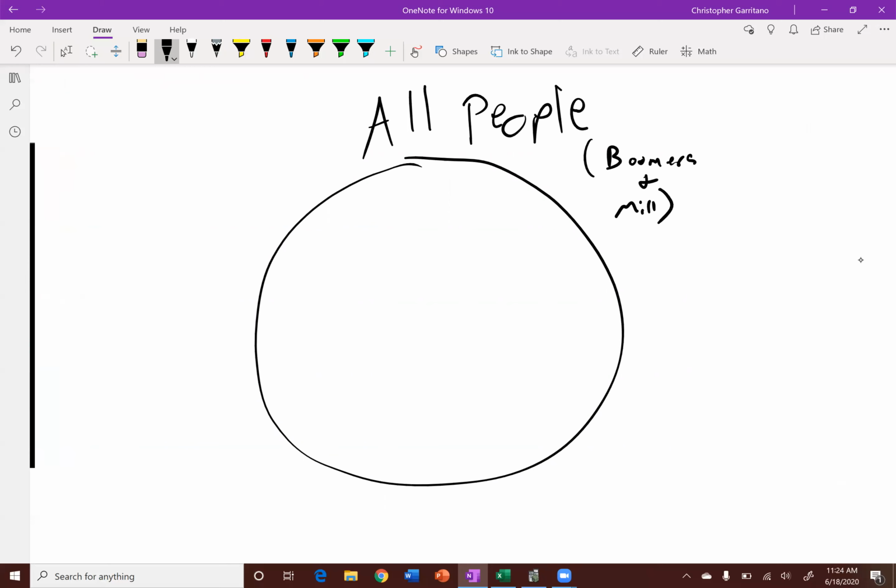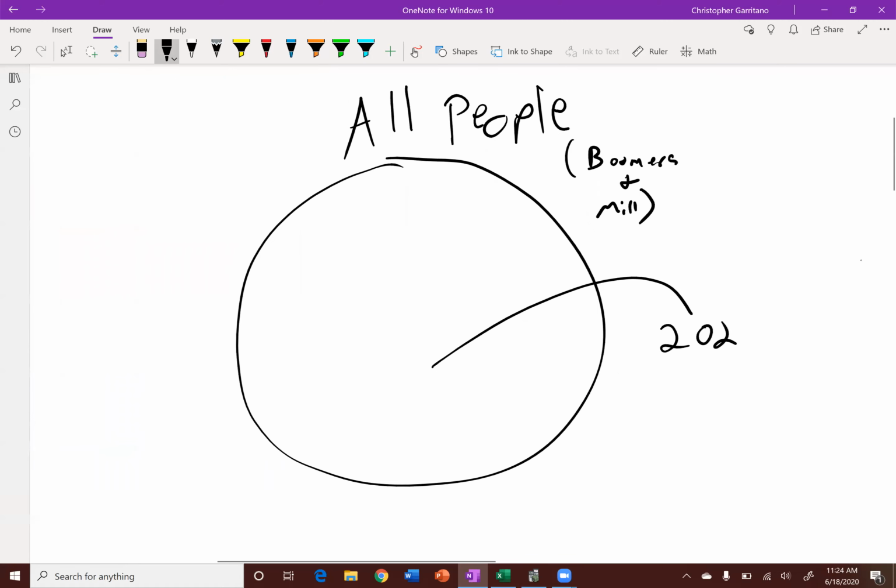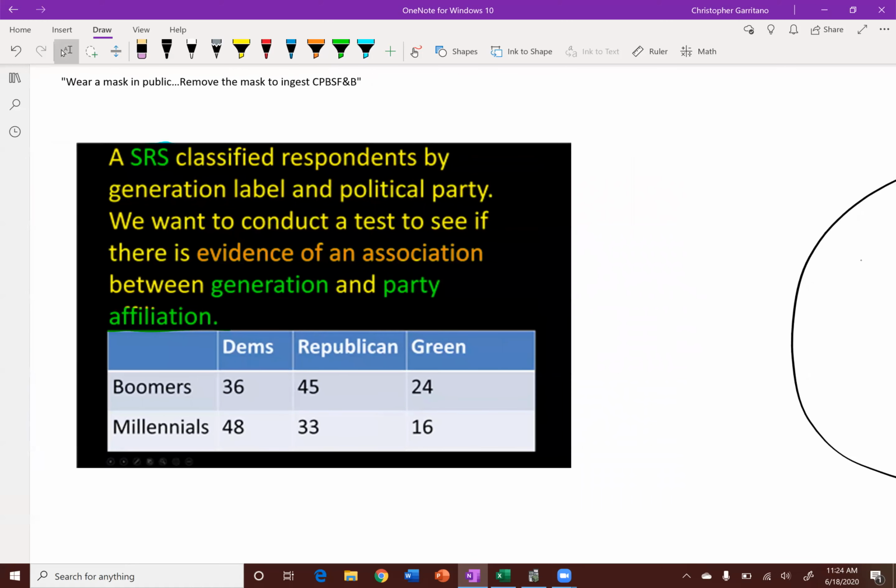But what we're doing is we're diving in there and we're just taking a random sample of 202 of these people, and we're asking each one, are you a boomer or a millennial? They answer. And we're also asking them, what is your party affiliation? And they'll answer. Of course, we're making some simplifying assumptions. We're assuming that there are only these three party affiliations. Of course, that's not the case, but this is just for illustration purposes. So each person is being labeled as some sort of generation, and some sort of party affiliation.